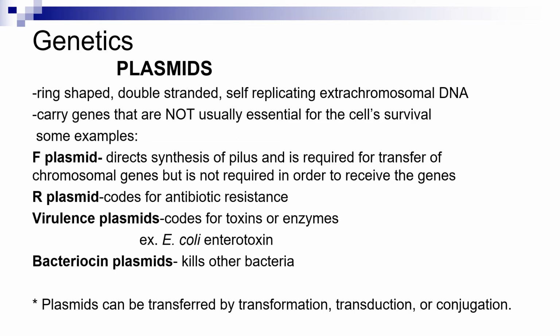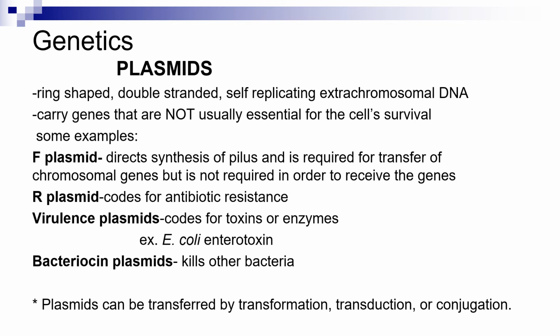So when I say it's self-replicating, the bacterial chromosome doesn't always replicate. It will replicate when it wants to undergo binary fission. But the plasmid can replicate when it wants to. It's not under control of the chromosomal DNA replication cycle.